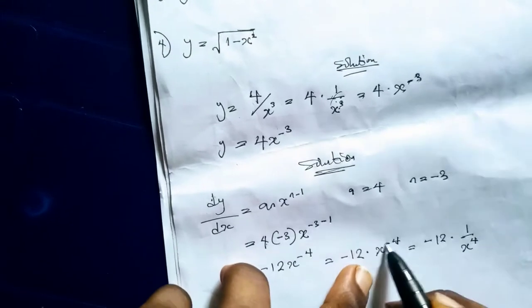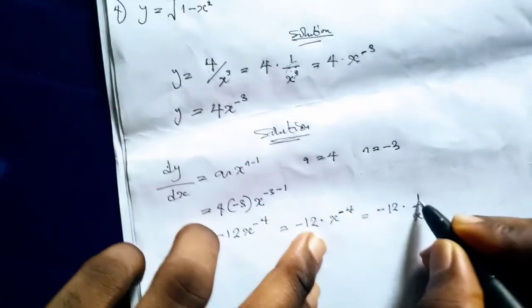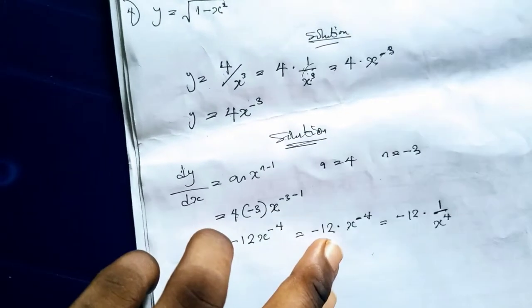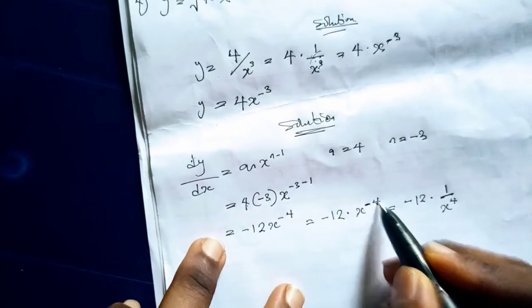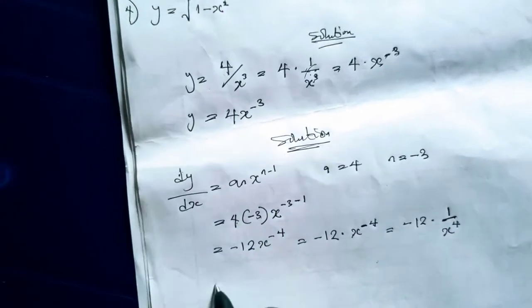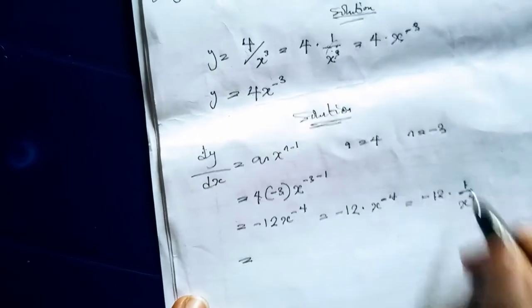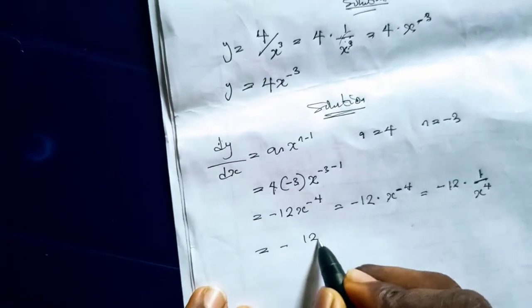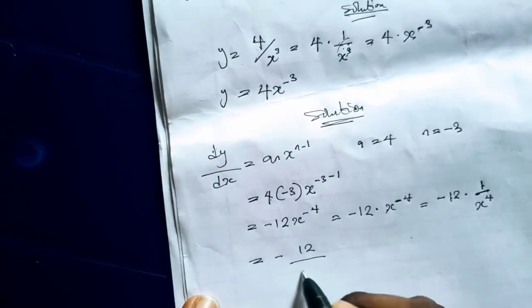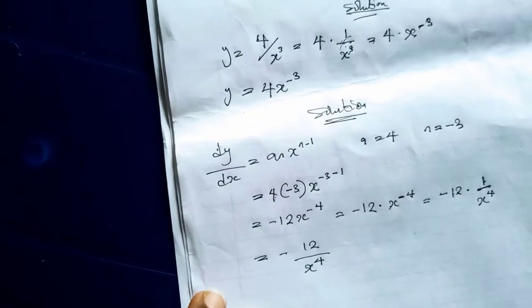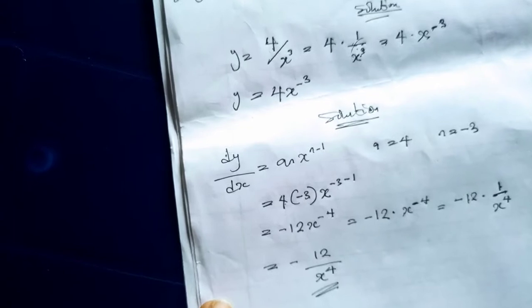So this negative here is represented in indices as 1 divided by this. And so my answer comes out to be negative 12 over x raised to power 4. And this is my answer.